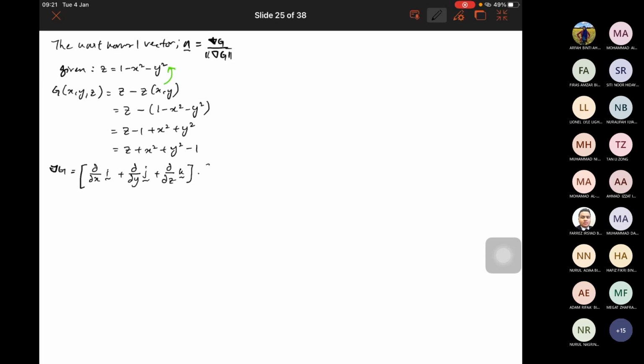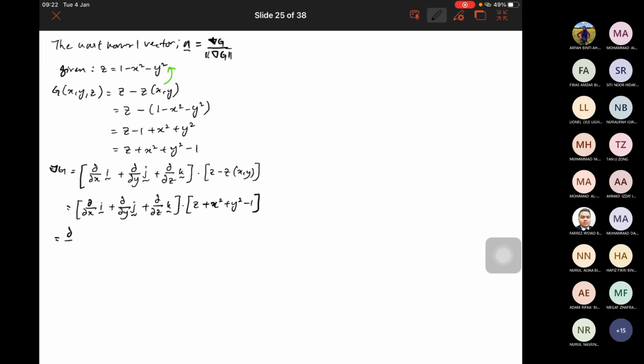Okay, having the dot product with Z minus Z of X, Y. So meaning that you have to find the partial derivative of I plus J plus K of Z plus X squared plus Y squared minus 1. Meaning that dot product. So multiply each one.